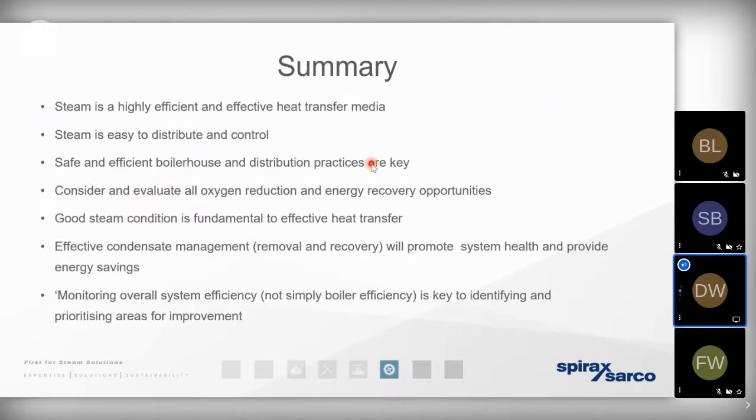We want to ensure that we're trapping the steam appropriately to remove the condensate and keep the system as dry as we possibly can. We want to ensure that any little Y-type strainers, for example, are located with the leg on the side. We want to use those separators to ensure that the moisture is removed appropriately.